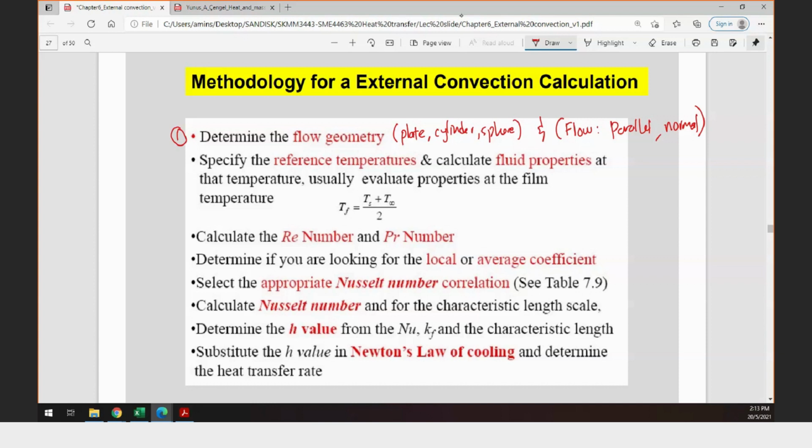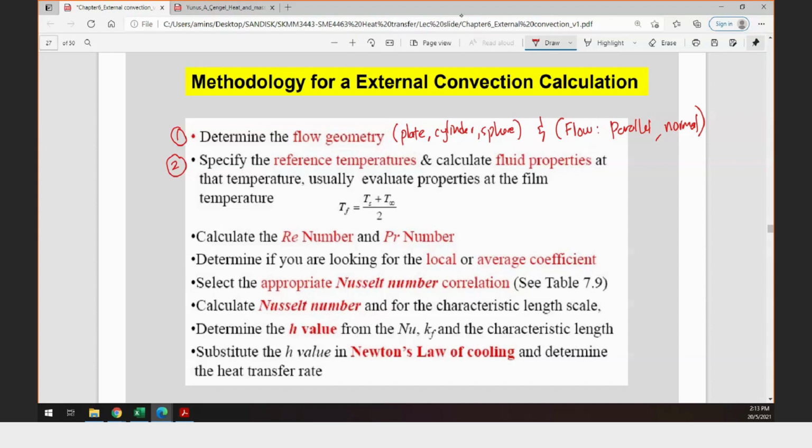Next, you need to specify the reference temperature. Why? Because this reference temperature will be used to calculate the fluid properties. The fluid can be a liquid or a gas. In order to find the right fluid properties, you need to find the film temperature.